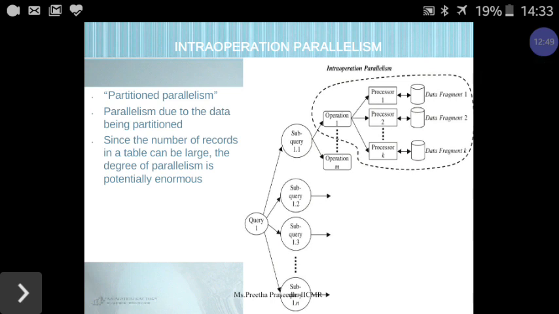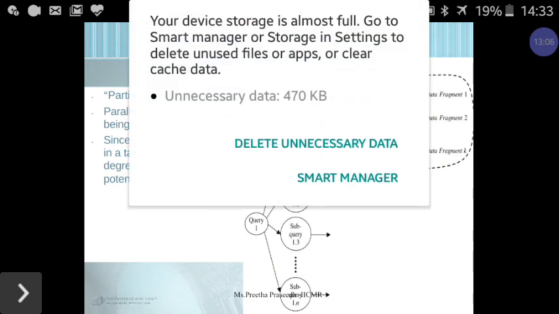Intra-operation parallelism, that is the first one. So here you can see the subqueries. The subquery may contain different operations, so that operation is parallelized. It is done by different processes.